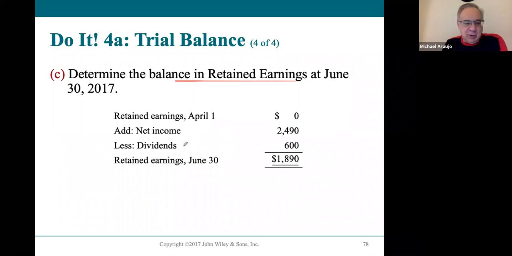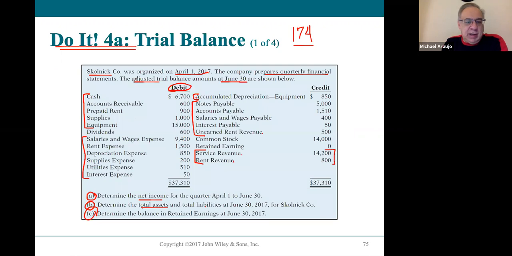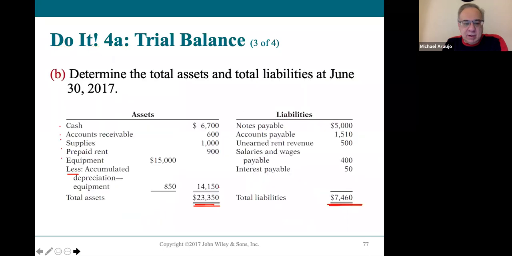Okay. Again, the last thing they want you to do here is find your balance in retained earnings. Again, I'd much rather have you do a retained earnings statement. The first thing they start with, it's a new company, retained earnings April 1st, 0. How do we know that for sure? If you look on the adjusted trial balance, retained earnings is 0. That's the starting point.